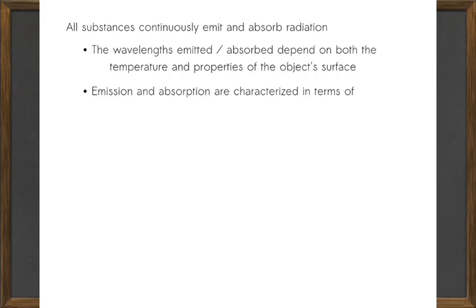Typically, you will emit some wavelengths more and other wavelengths less. So you'll emit some kinds of radiation more and other kinds of radiation less. And it's also true of absorption. You absorb some types of radiation better than others. So in order to characterize this, we use what are referred to as spectra, emission and absorption spectra.